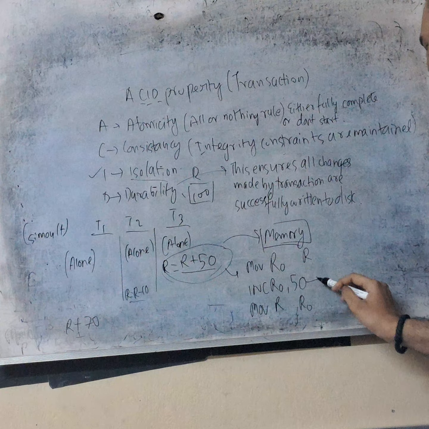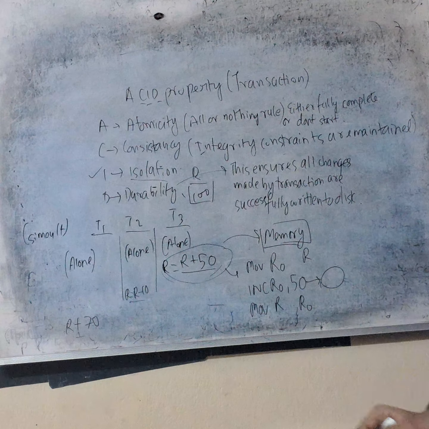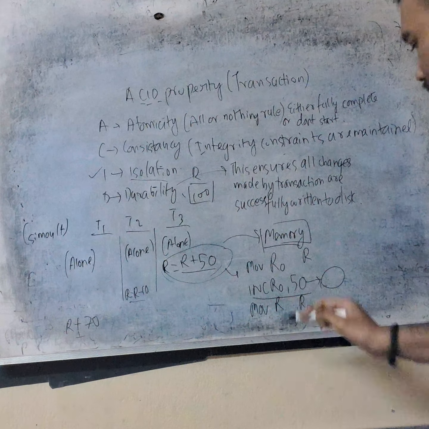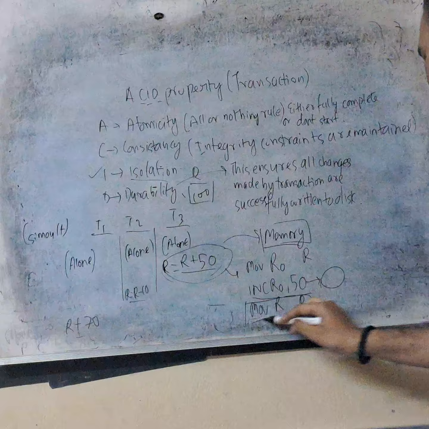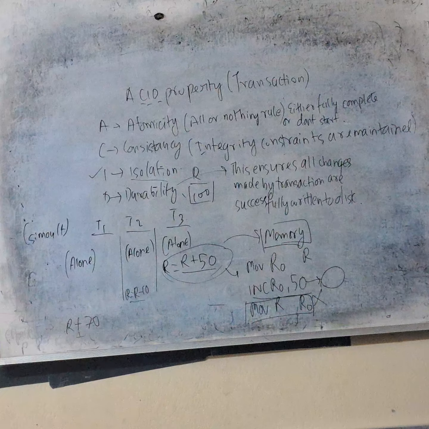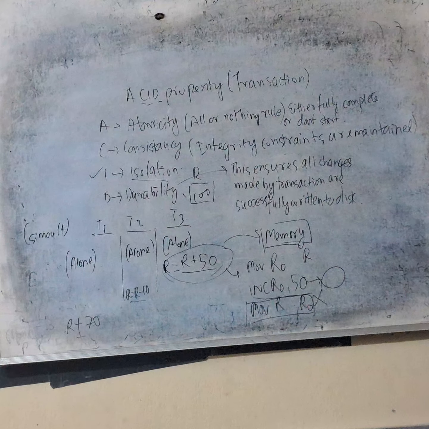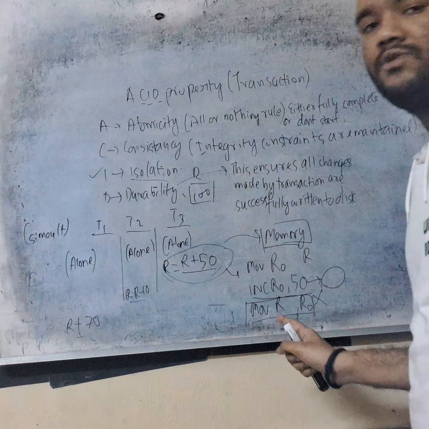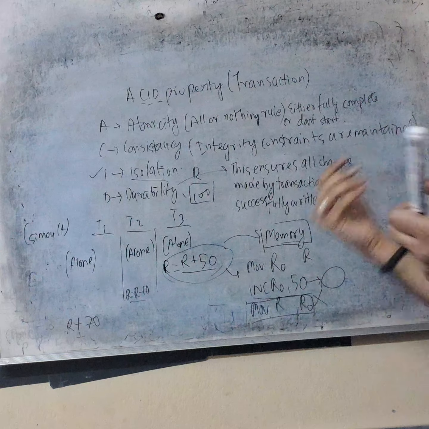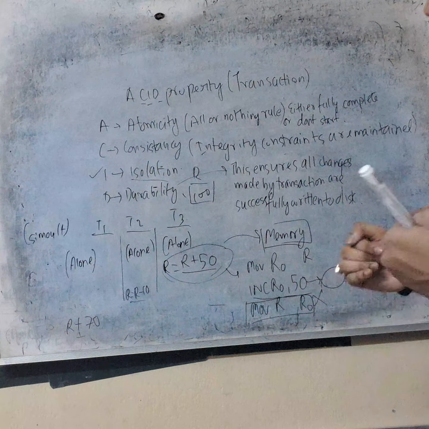Let's assume that at this stage the database crashes, when this instruction has been executed. Obviously the final value won't be moved into the memory, so this transaction is useless. Why is it useless? Because the database crashed before the value was changed, so there is no change in the final value.